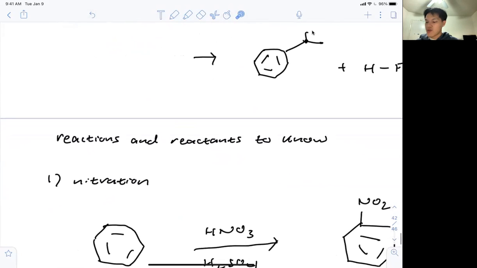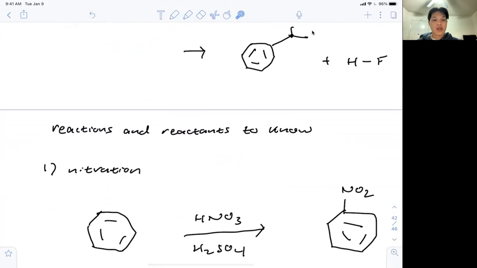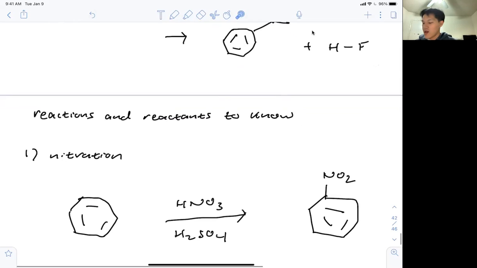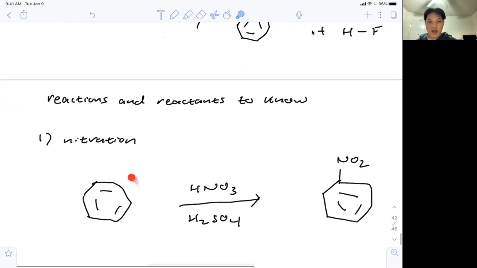So the first reaction we had to know is called nitration, and nitration is going to add a nitrate group, right? And then we have a benzene ring, and this is nitric acid, HNO3, under H2SO4, which is sulfuric acid, which is going to be our solvent here.